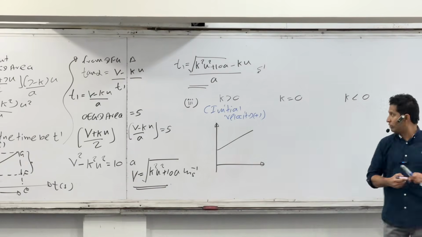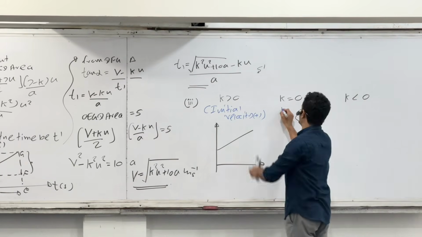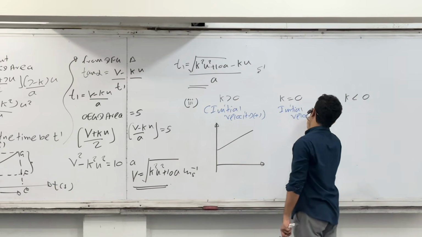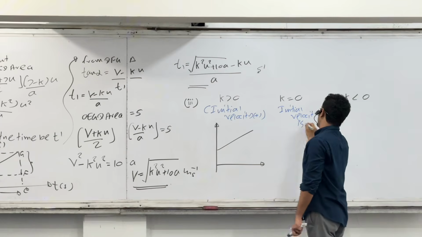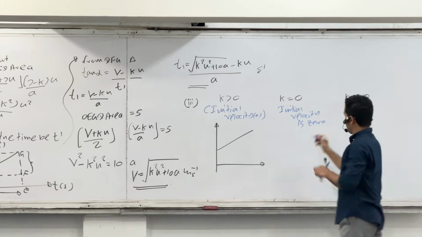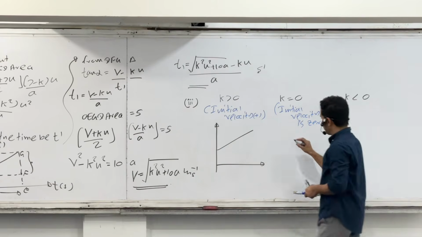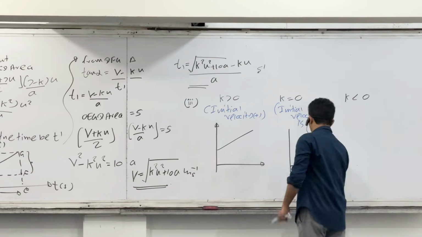Right? When k equals 0, the initial velocity is 0. Initial velocity is 0 means the graph is something like this.